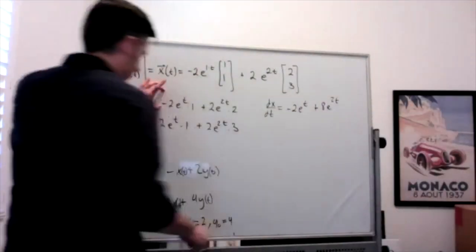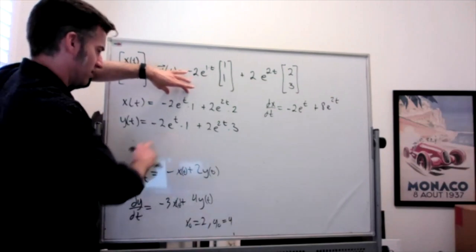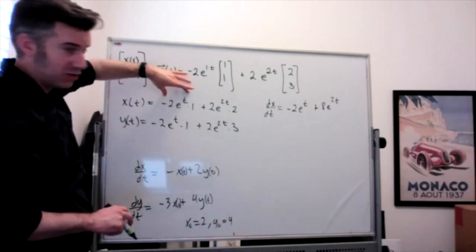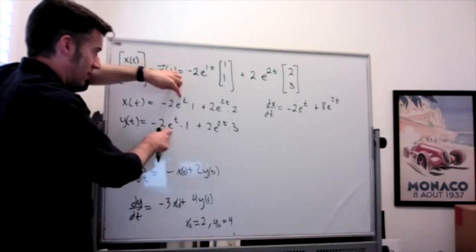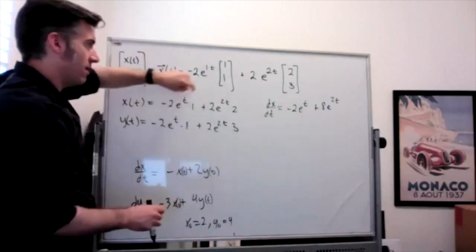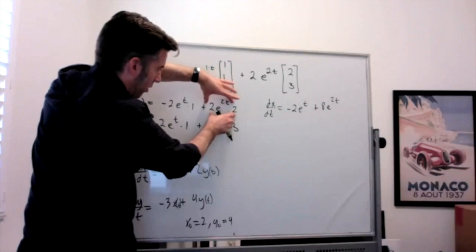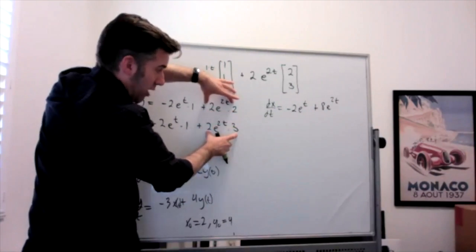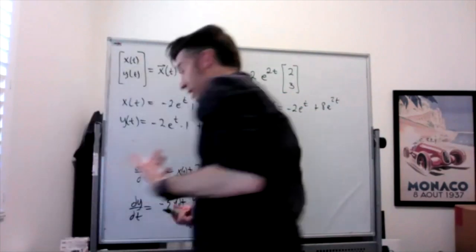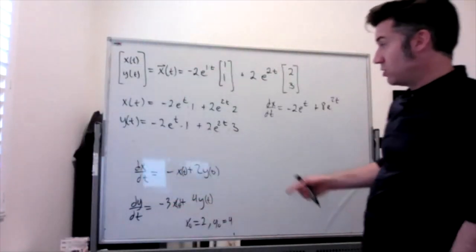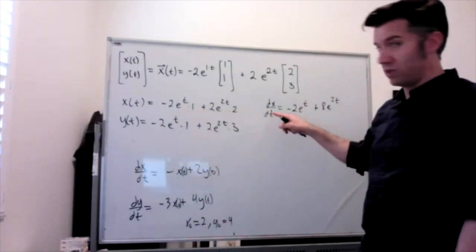So negative this plus 2 times this: +2 plus 2 times -2 is -4, so 2 minus 4 is -2 e to the t. Awesome. And then negative this plus 2 times this: -4 plus 2 times 6 is 12, and -4 plus 12 is 8 e to the 2t. So it really is the solution, right? -x of t plus 2y of t is equal to dx dt.